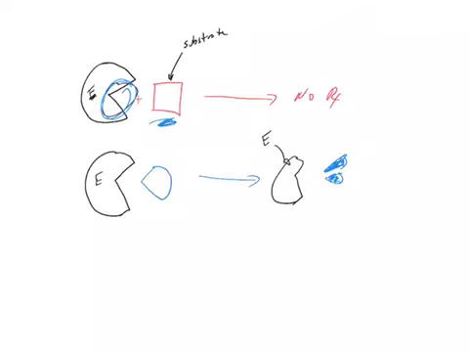But even this simplistic model, if you think about it, if you have maybe an enzyme that looks like this, and we know that it eats that substrate. But what if we attach something else to that substrate?